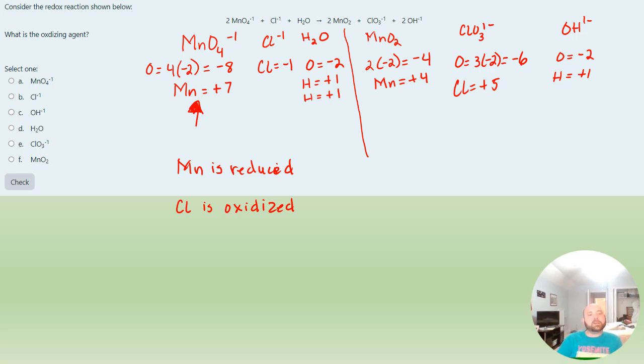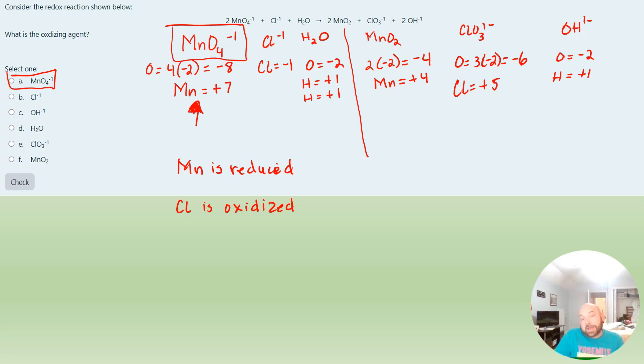Manganese is what is being reduced, but we consider this whole compound the oxidizing agent. And so the answer to this question is A, MnO4, because it originally contained the atom that is reduced. The compound or species that originally contains the atom that is reduced is the oxidizing agent.